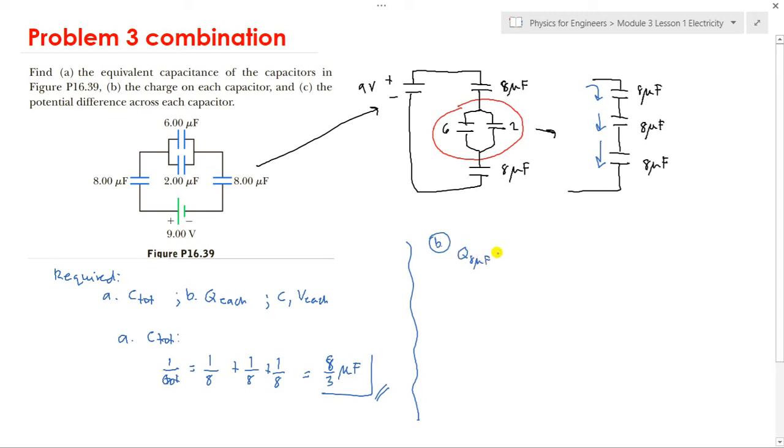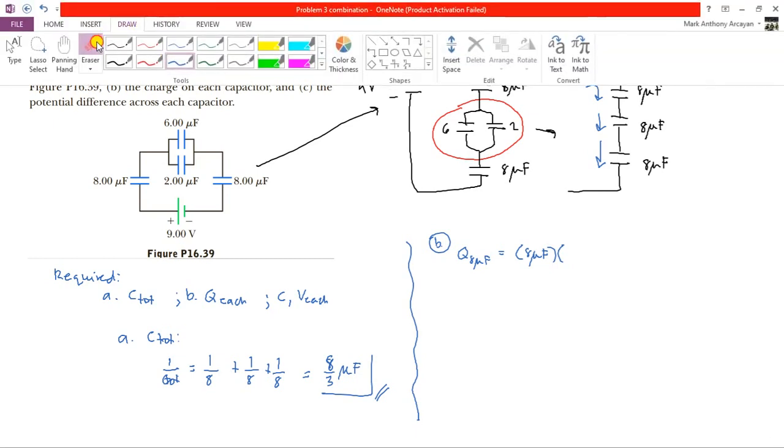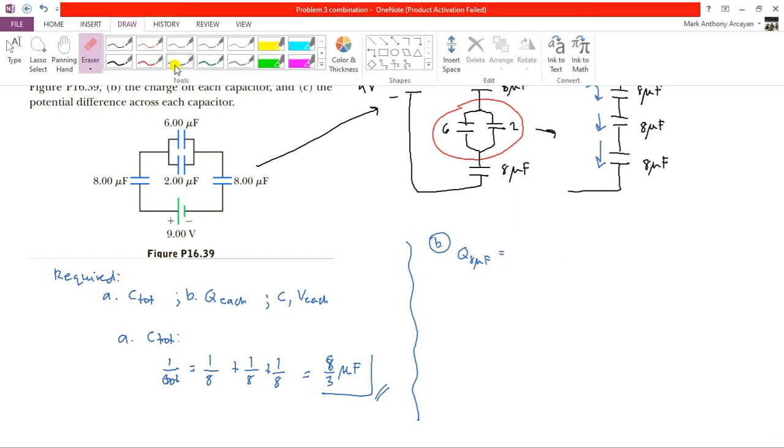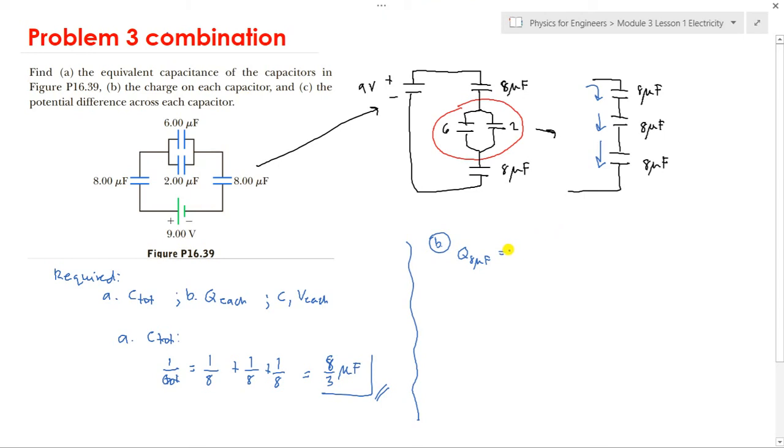Q at 8 microfarad is equal to 8 microfarad multiplied by the voltage drop there, but we don't have the voltage drop there. So it is difficult, but we know that the Q at 8 microfarad is just equal to Q total.